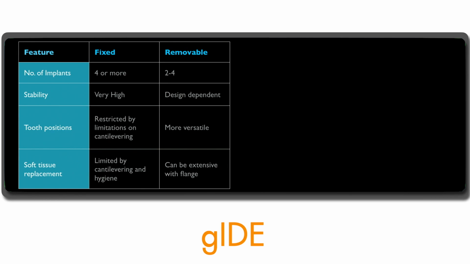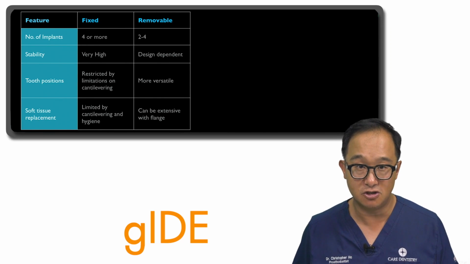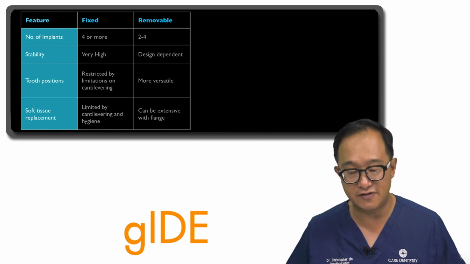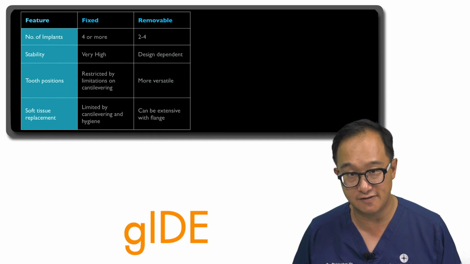In a removable situation, you can have one, two, or three implants, and your overdenture is not as stable as a fixed prosthesis. But the tooth position is a lot more versatile because, remember, with a removable solution, you're getting some support from the tissue. So you don't have to be so concerned about cantilevers.